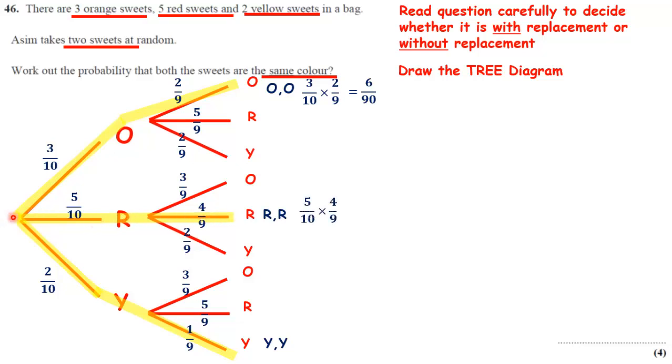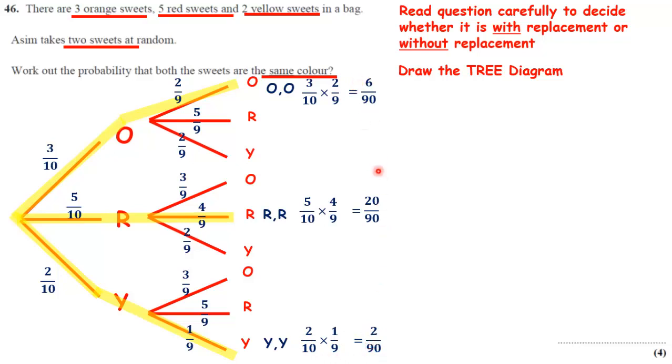You can see where they're coming from. 5 times 4 is 20. 10 times 9 is 90. So that's 20 over 90. The final pathway, 2/10 times 1/9. 2 times 1 is 2. 10 times 9 is 90. All right, so that's 2 over 90.